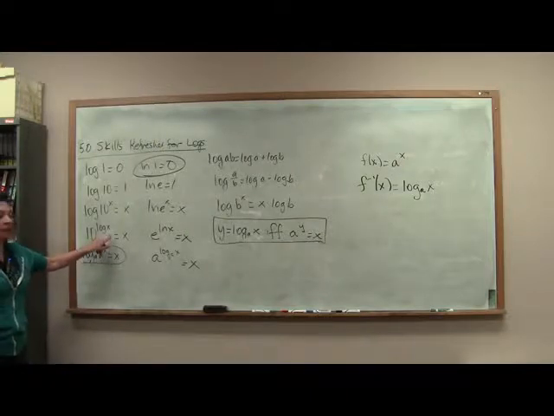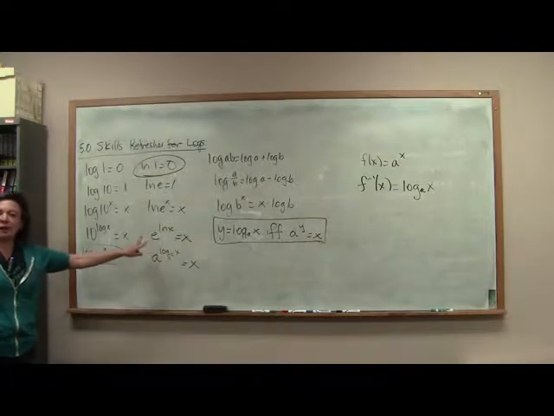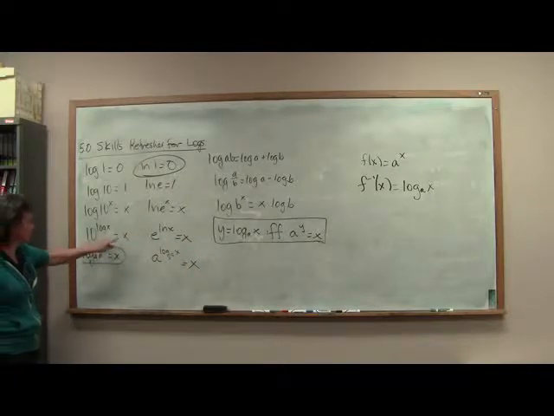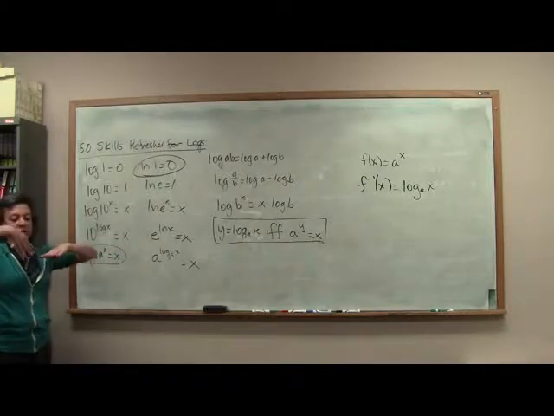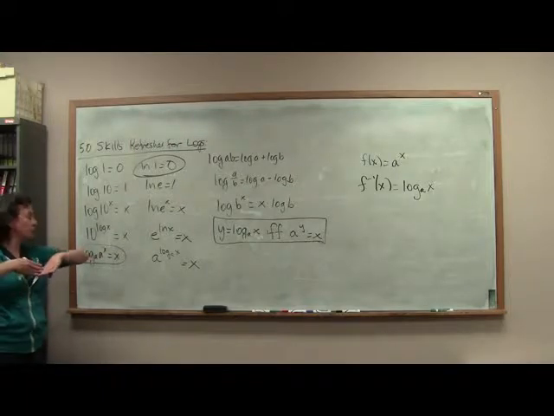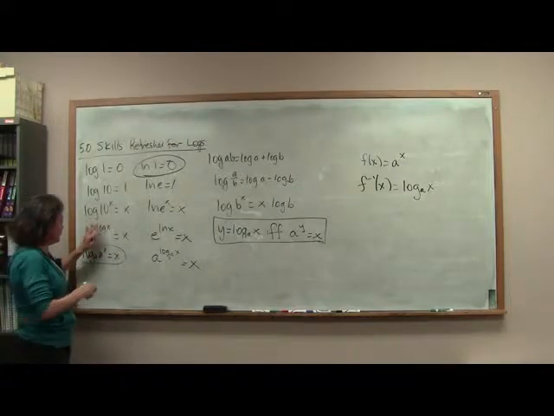Similarly, and I'll show these to you when I show you that these are inverse functions, these essentially use the idea that when you apply a function and then its inverse, you get back to where you started.